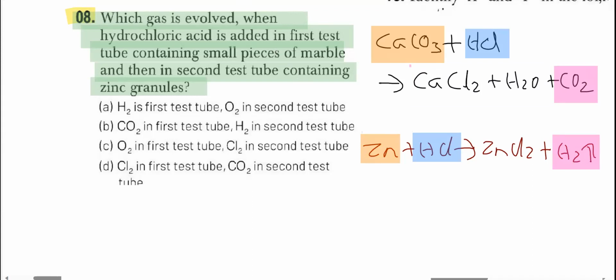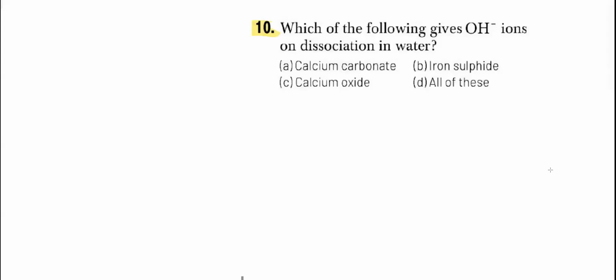So looking into the correct option, two gases are released. Yeah, B is correct: carbon dioxide in the first tube and hydrogen in the second, according to the order we did.